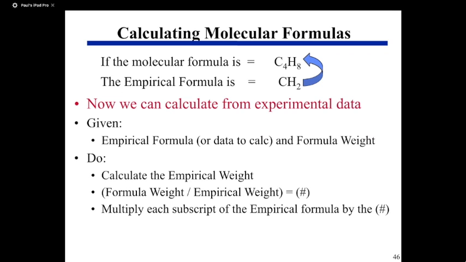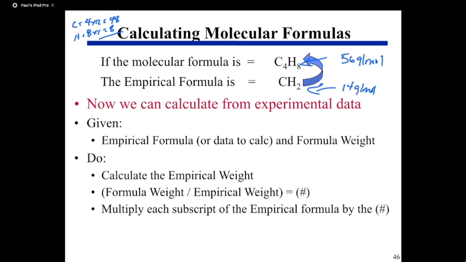An example of that, the weight of the empirical formula would be 12 plus 2 more, 14 grams per mole. And you have to have the molecular formula of the whole compound. The molecular formula of that whole compound is what? Carbon equals 4 times 12 equals 48. Hydrogen equals 8 times 1 equals 8. 48 plus 8 is 56 grams per mole.